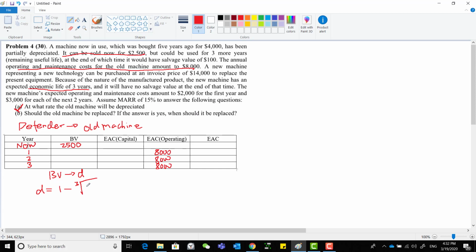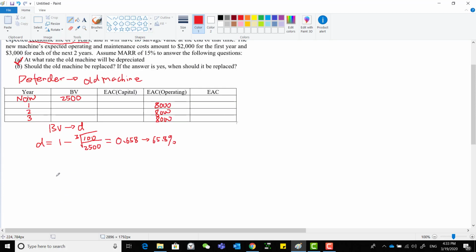If we continue using the machine for 3 more years, the salvage value at the end of the third year will be $100, and the current price is $2,500. This gives us 0.658, which is a 65.8% depreciation rate.